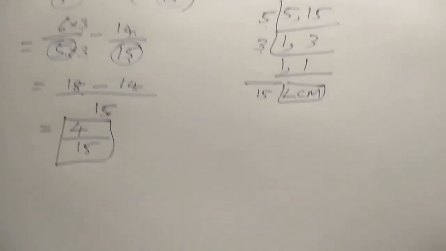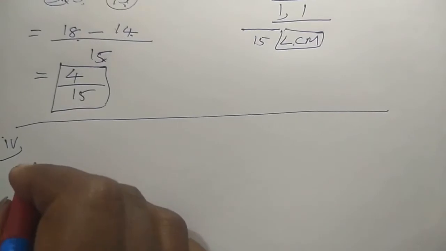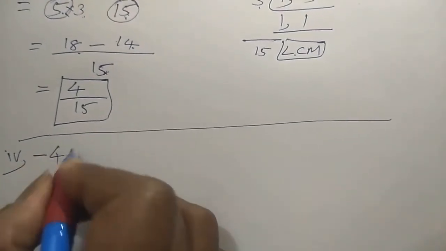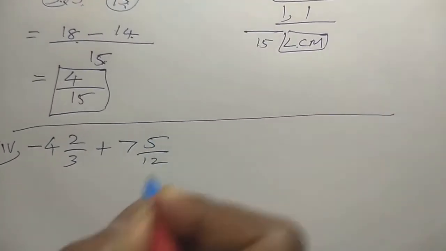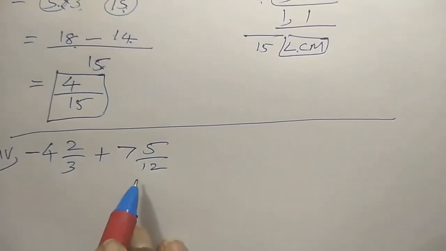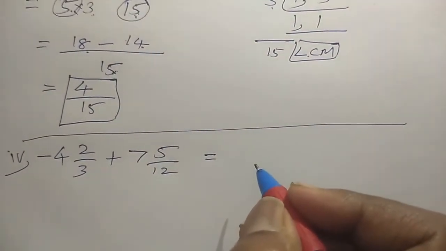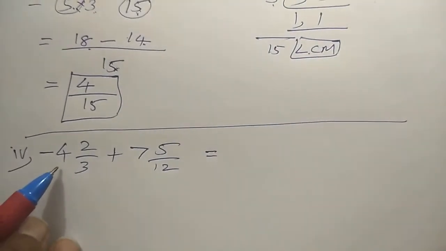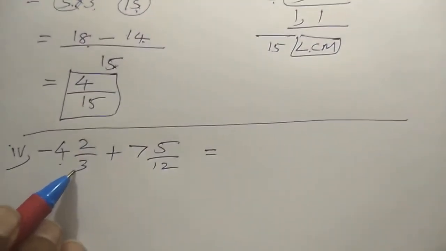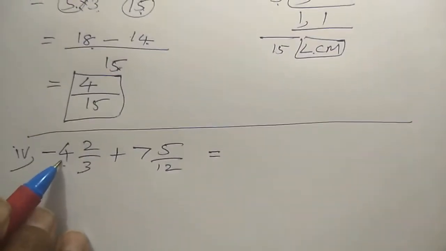Now we go for your fourth subdivision. Your fourth subdivision, what is that? The question is minus 4 2 by 3 plus 7 5 by 12. So these two fractions are mixed fractions, correct? First we have to change these into improper fractions, then we have to solve. So here we are having 3, here 4, here 2.